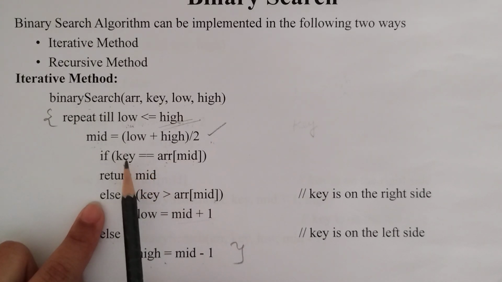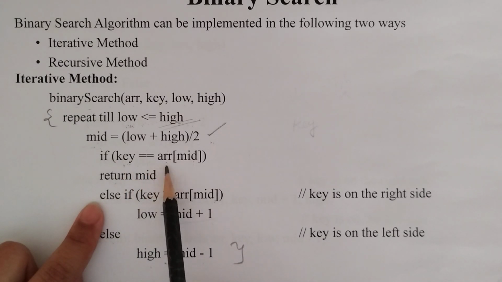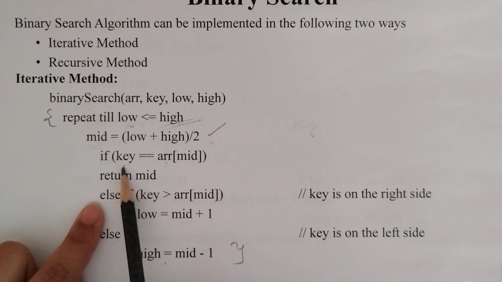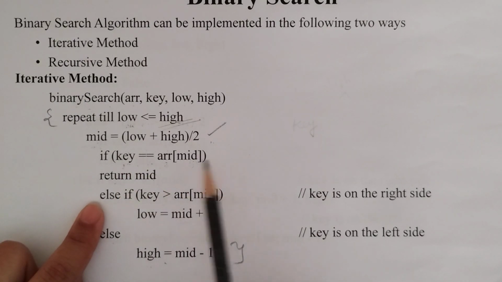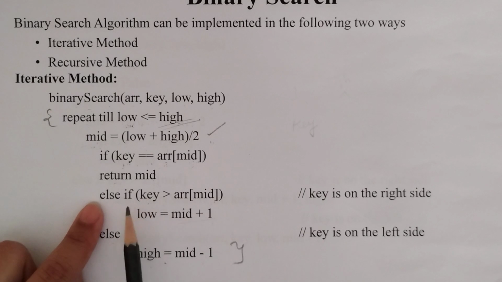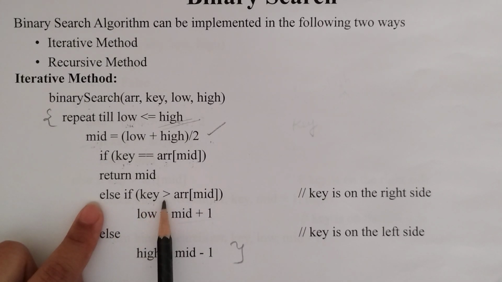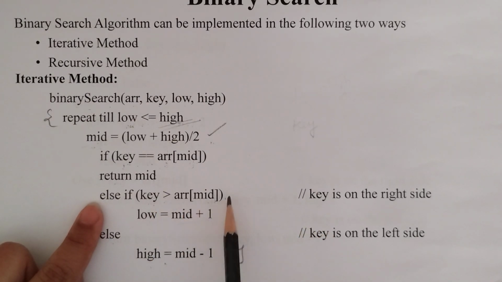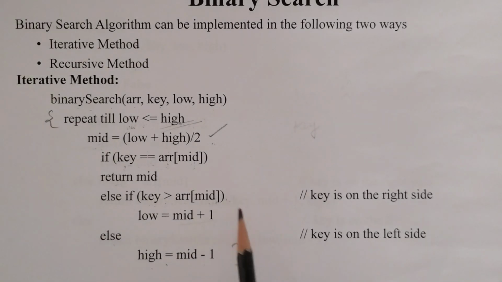If not, then what condition do you need to check? You need to check whether the key value is greater than array of mid or the key value is less than array of mid. So that is the condition checked here. You are checking whether your key value is greater than array of mid. What if the key value is greater than array of mid? You need to proceed to the right hand side of the array, that is your array gets subdivided into the right hand side. So in the right hand side, what are all the changes we have seen?